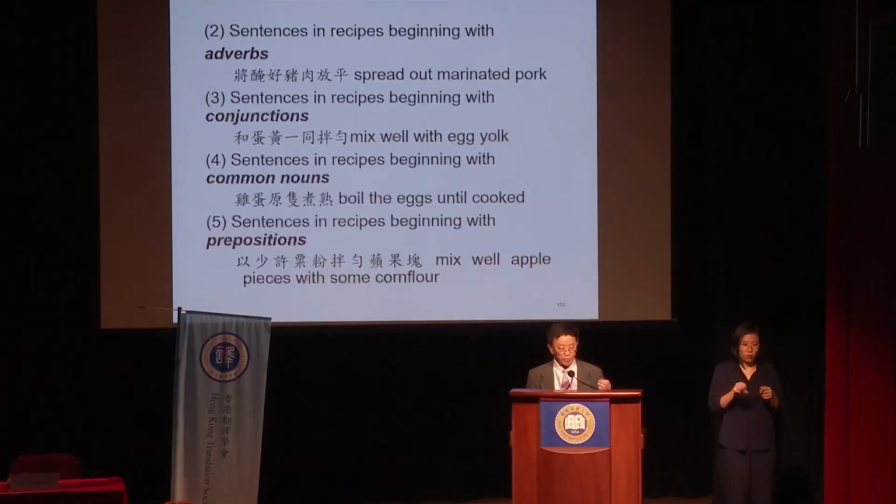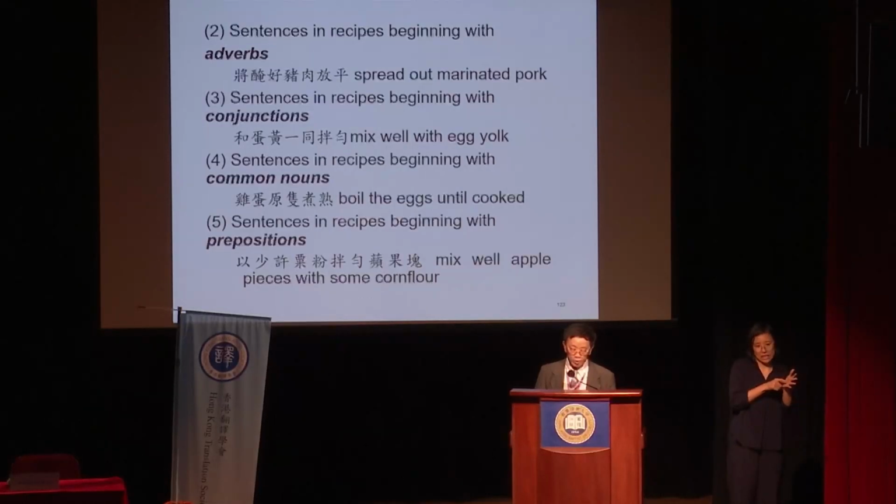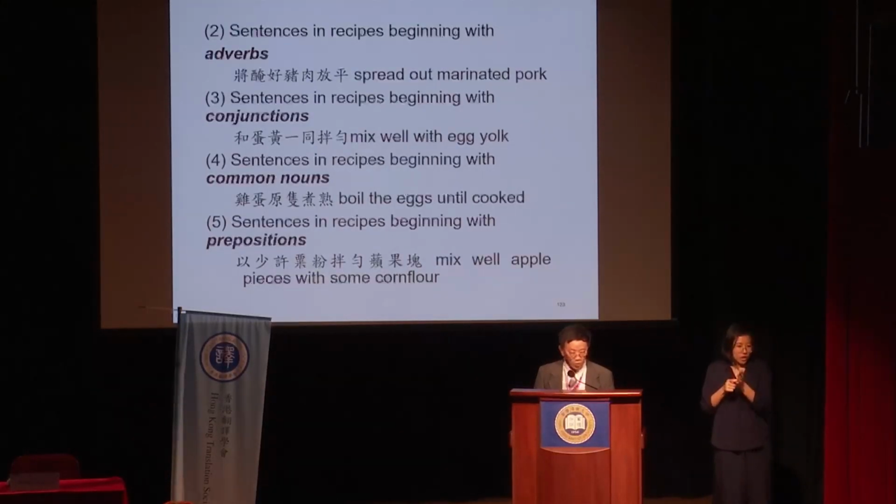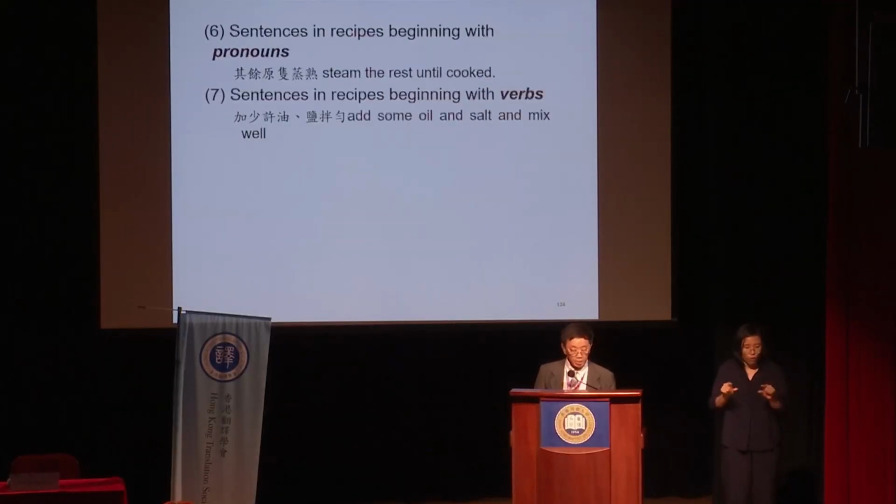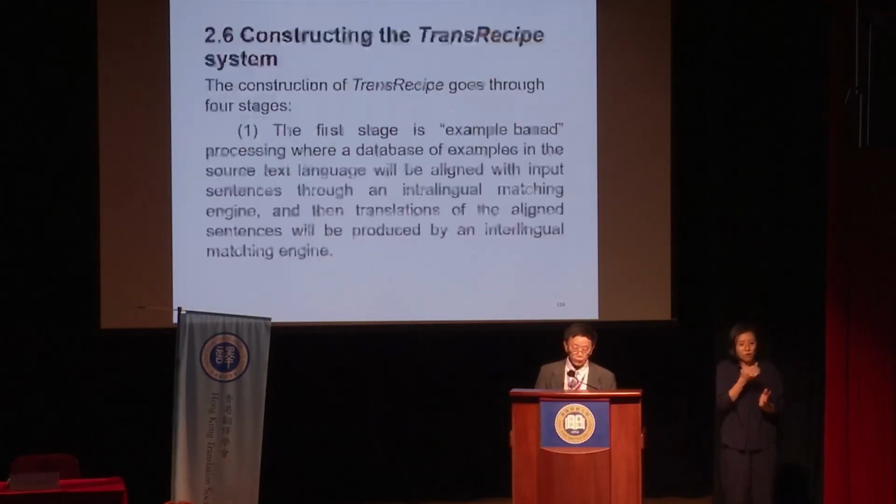Sometimes you have sentences that begin with conjunctions. 和 something 半圆, and then you have sentences that begin with common nouns and sentences with prepositions. You have to think about that, which is why we put in sentence patterns in our system, all right? And sometimes the pronouns and so on and so forth.